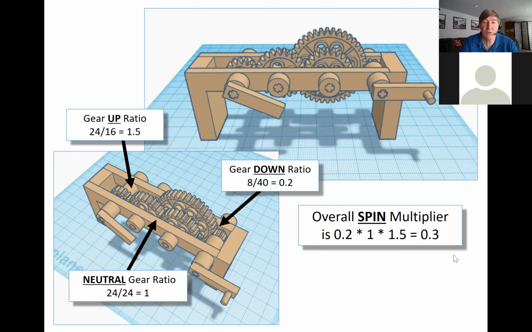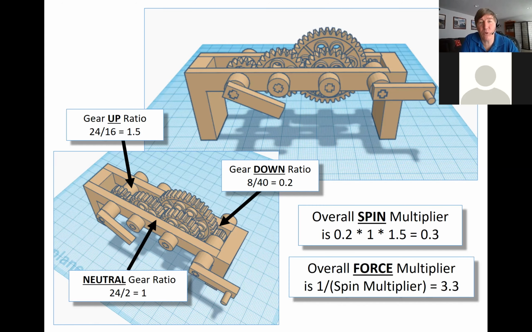So sometimes when we talk about the multiplier, we are worried about the spin multiplier, but quite often, possibly even more often, what you really care about is the force multiplier. And the force multiplier is going to be the inverse of the spin multiplier. So if the spin multiplier is 0.3, the force multiplier is 1 divided by 0.3, which is going to be 3.3.